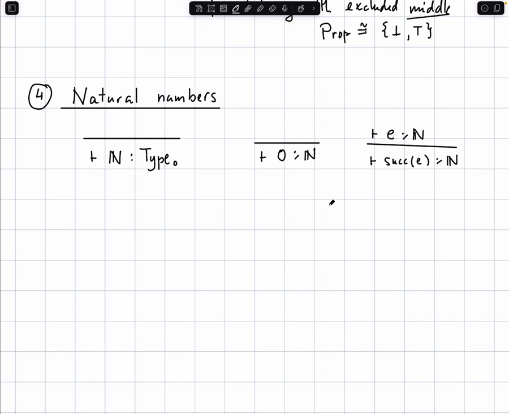Well, they're not literally all of them, because, for instance, later on, I might have some function, I apply a function to something, and I get a natural number. So who knows? What I really want to say is N is generated by 0 and successor.